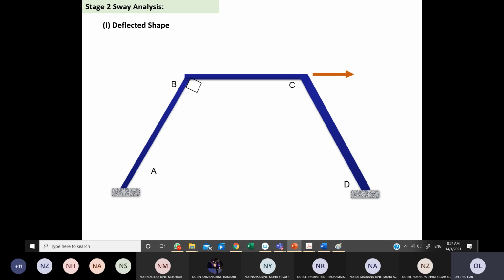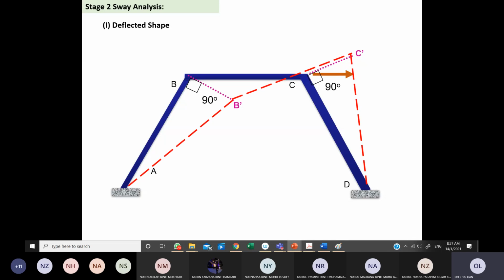Okay, let me show you where B prime and C prime are here. This will be the new position of B prime and C prime. This is based on the principle that the frame is going to sway according to this direction R prime.